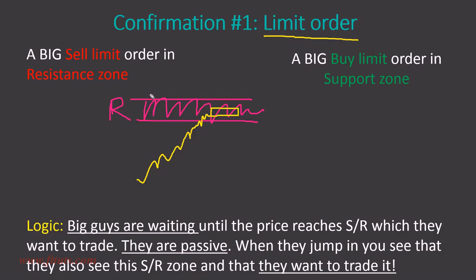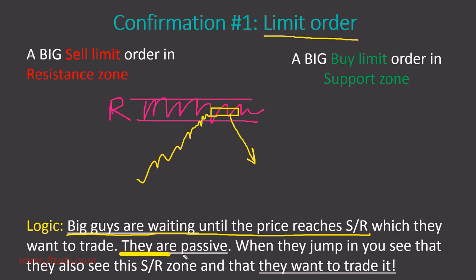They just jump in that short trade, and immediately after you see this limit order pop up on the order flow, you go short, you enter your trade. That's the confirmation of the resistance zone. The logic behind this is big guys are waiting until the price reaches this resistance zone because they want to enter their trade there, and they are passive.